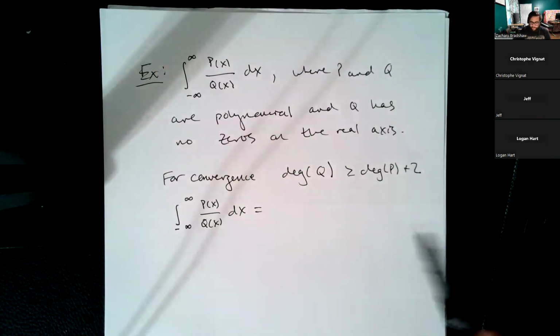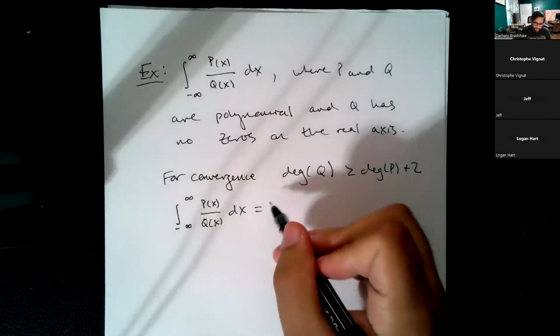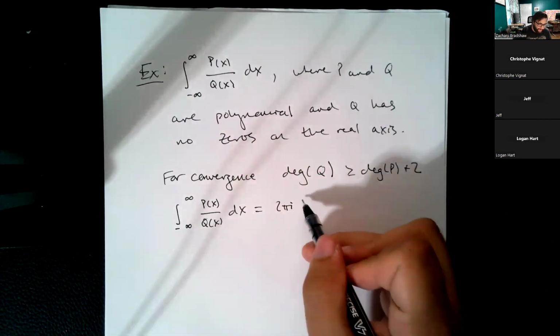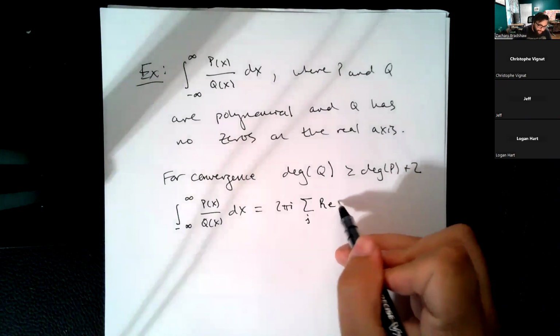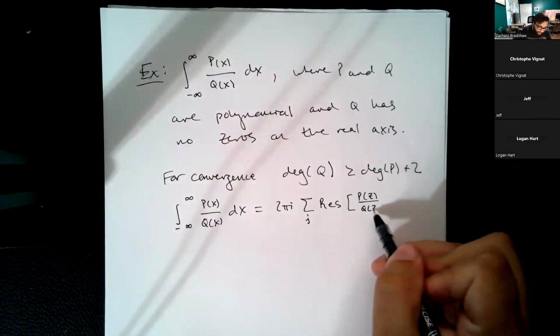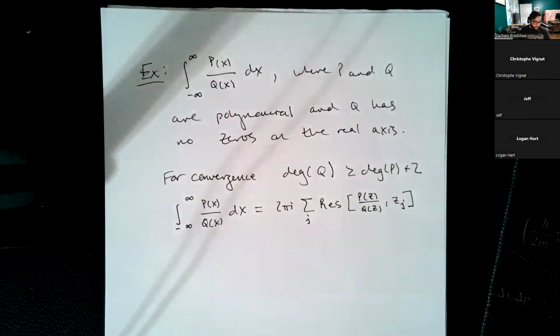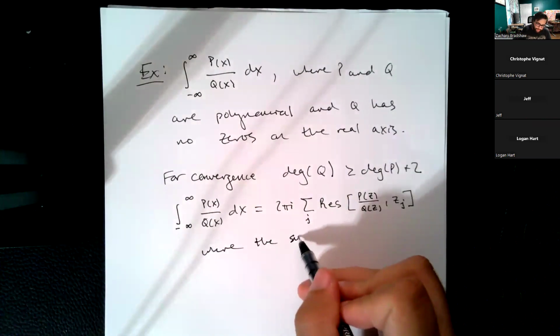So using this assumption, I think we can show that that arc term goes to 0. But what we'll find at the end of the day is that this is 2 pi i times the sum of the residues of this rational function, where the sum is over all residues.